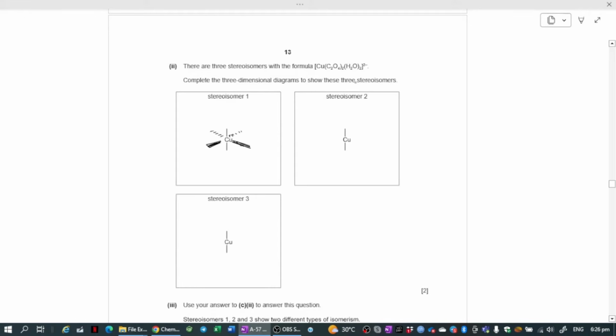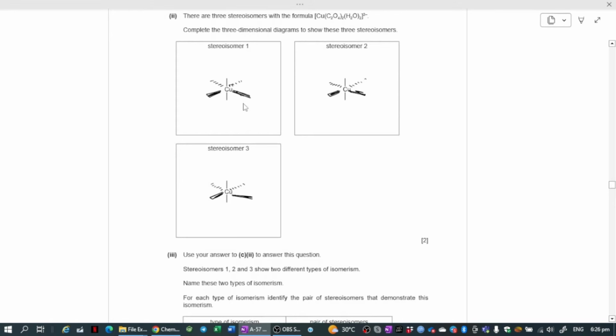So you would have this series of hashes and wedges. So let's draw in that first. Excuse my drawing; in the exam, try to make it so that you have your 90 degree and 180 degree bond angles, right? And it's not looking so strange as how I had it here.